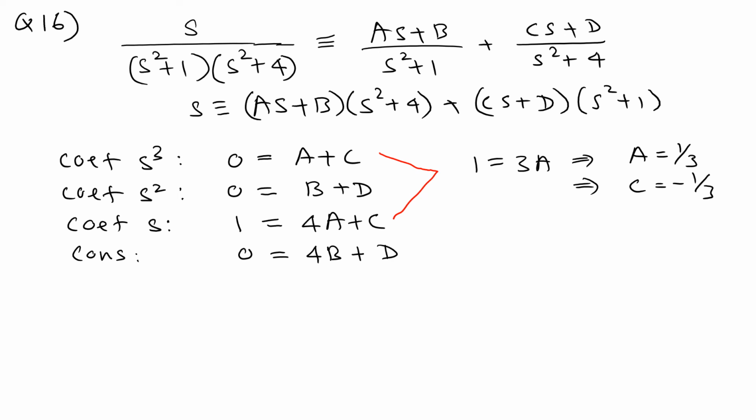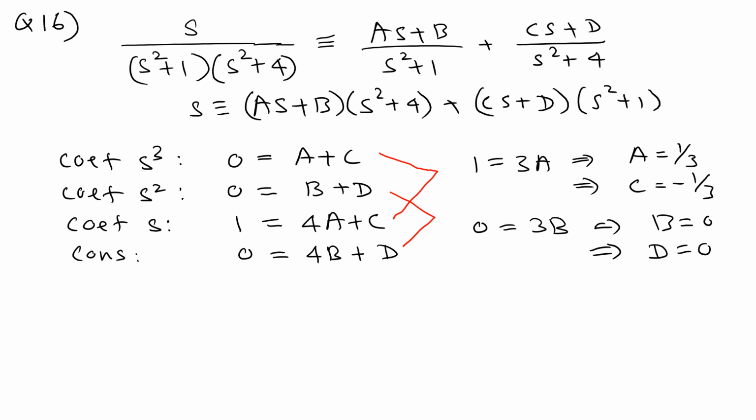So we know a and c, and do the same thing. We can subtract 2 from 4. When you do that, d gets cancelled out, and you get 0 equal 3b. It's going to give you b equals 0. So if b equals 0, if you look at equation number 2, you can see d equals 0.